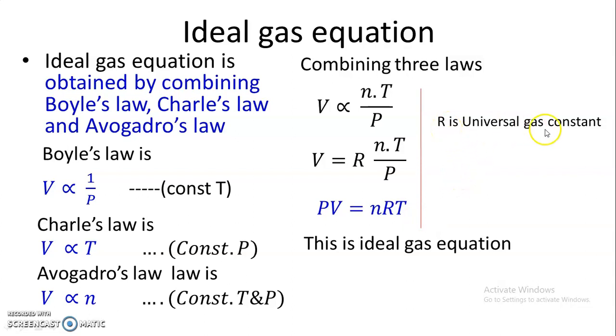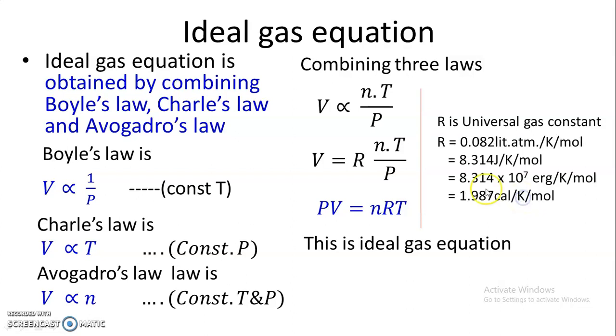Here R is the universal molar gas constant. The value of R depends upon the units of pressure, temperature and volume. For example, R is equal to 0.082 liter atmosphere per Kelvin per mole.